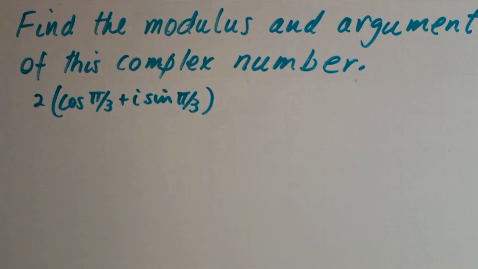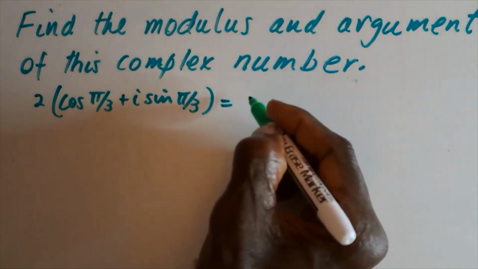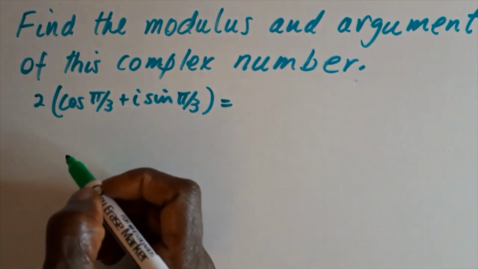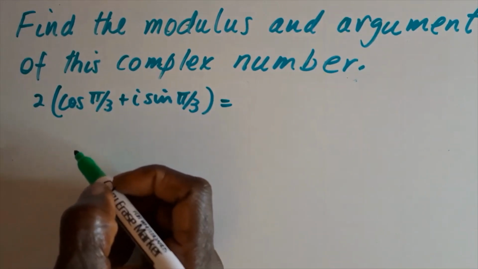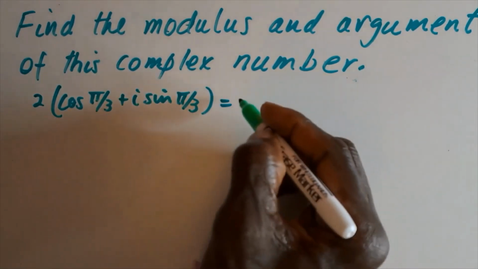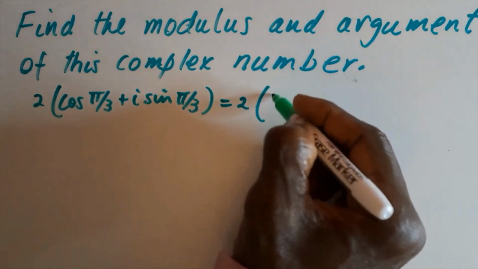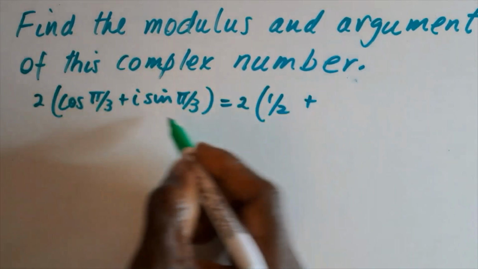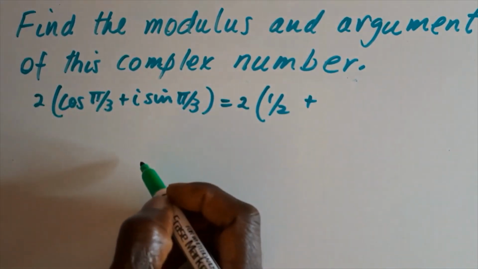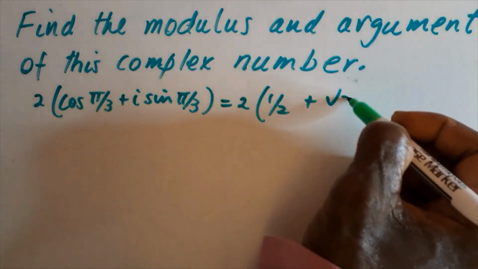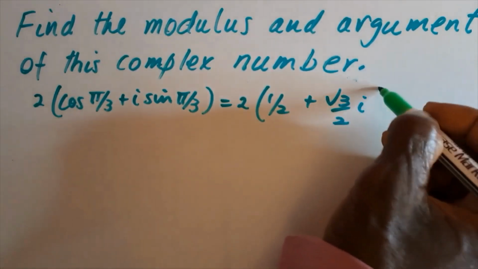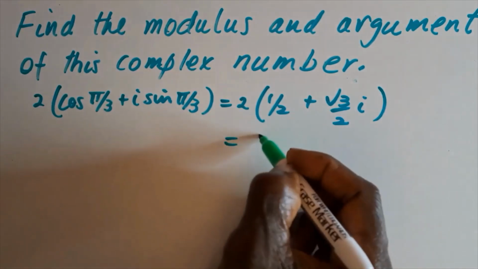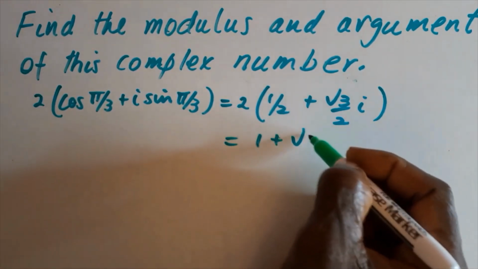So here's our next complex number. We'll clear the brackets and simplify what cosine pi over 3 is and sine pi over 3. Cosine pi over 3, incidentally, is a half, and sine pi over 3 is root 3 over 2. So we have root 3 over 2 i, and we'll clear the brackets here to give us 1 + root 3 i.